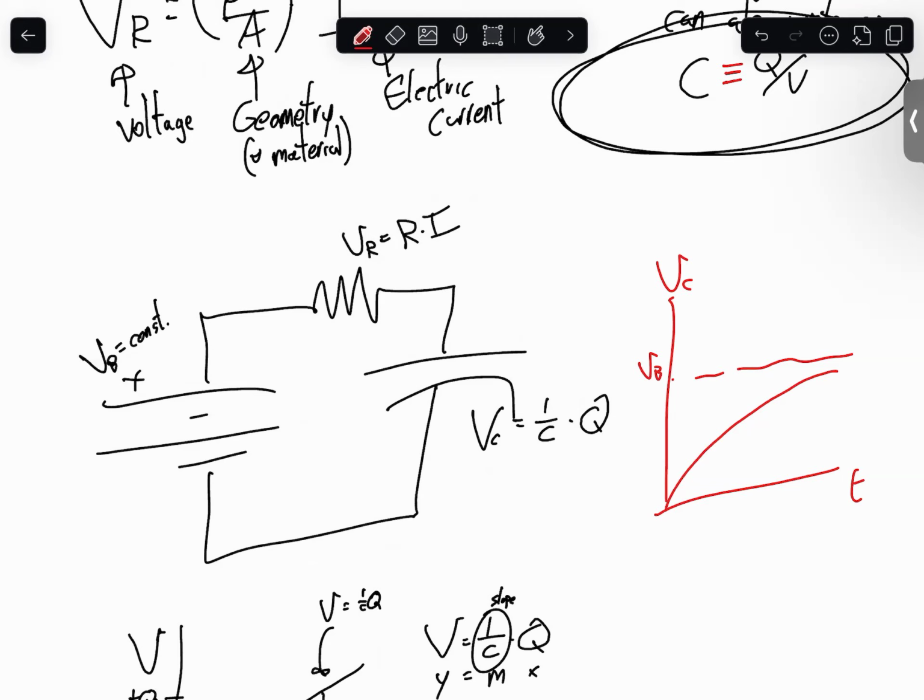Batteries don't change voltage until the chemicals are all used up. A 9-volt battery is independent of how much charge it has given. It's just 9 volts.